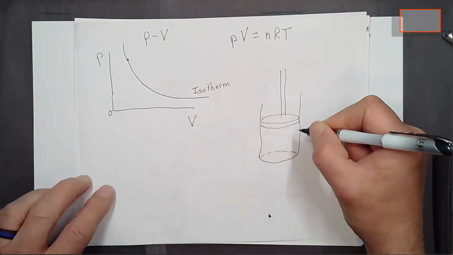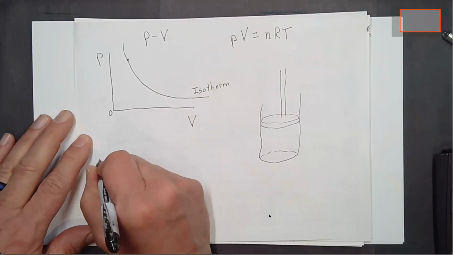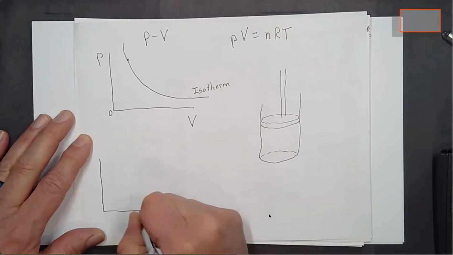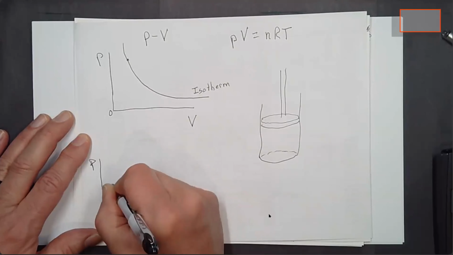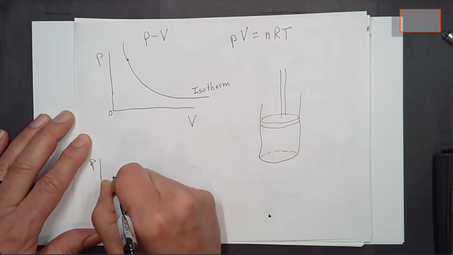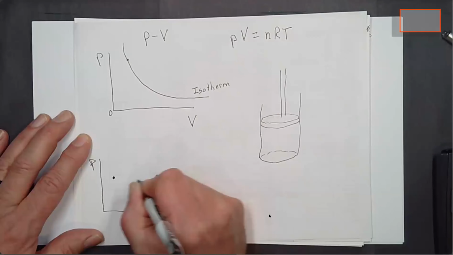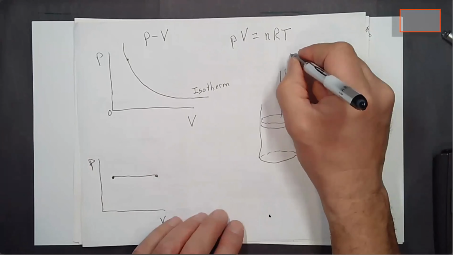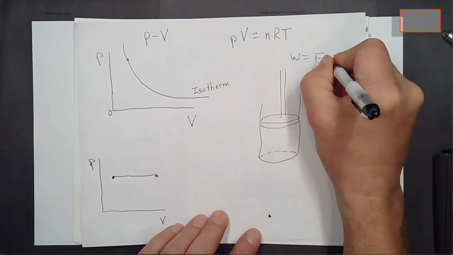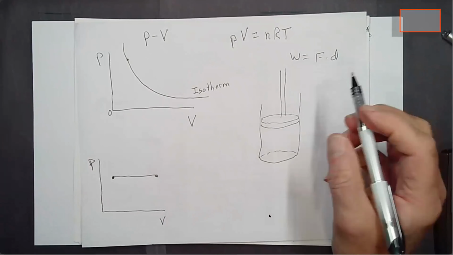And you can have all sorts of different kinds of work on a PV diagram. You could imagine a situation where the gas goes from here to here. Okay. Well, let's see. Earlier, we learned that work is equal to force times distance, right?